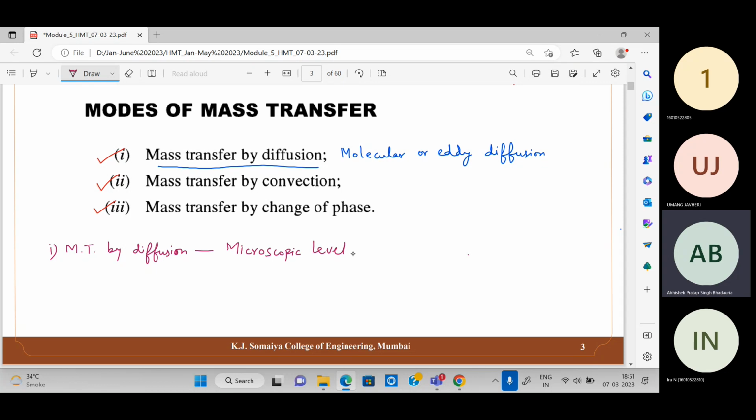And what is responsible for this? It is a result of the concentration gradient of one or more constituents or species in the system.